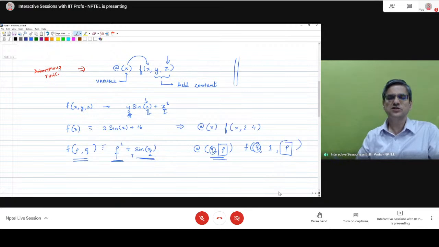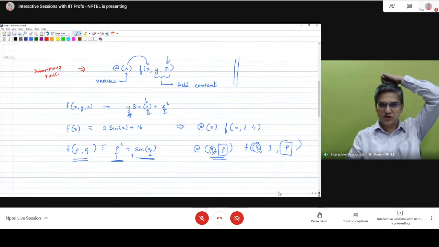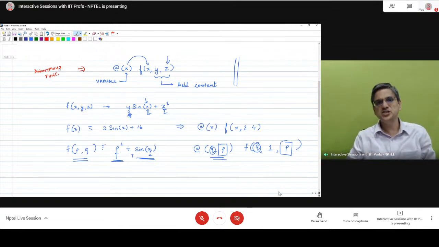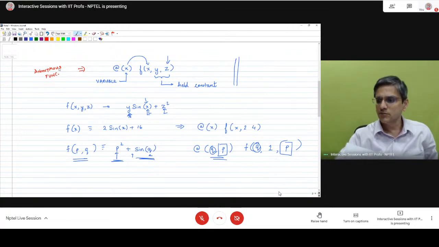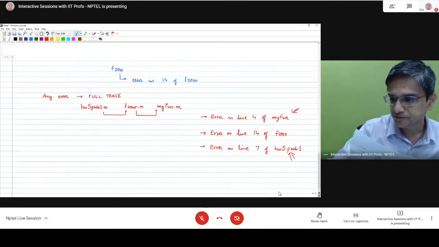This course was first given in 2016, so a lot of colleges, especially for PG students, in their research, were not really using anonymous functions. So that's why I stayed away from anonymous functions. But you have already used anonymous functions without realizing it in your code.